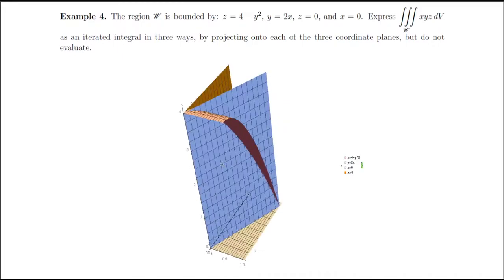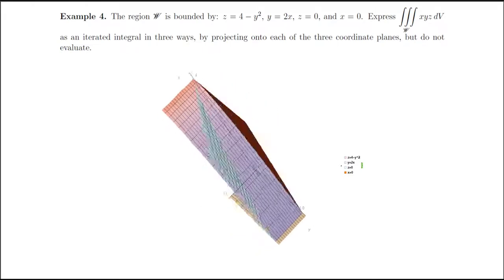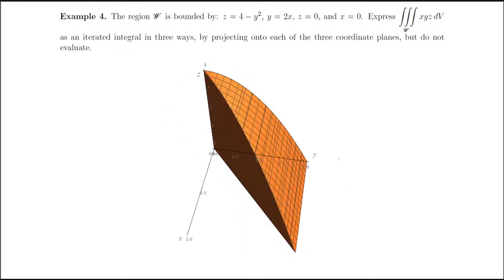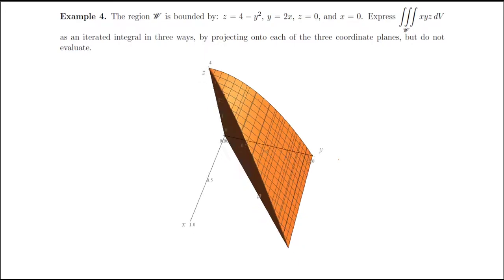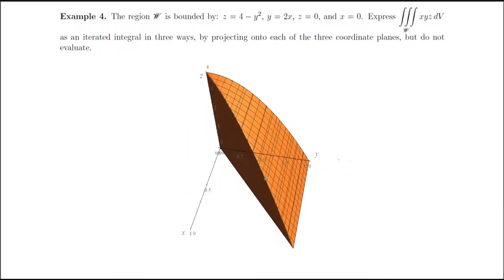That's exactly the region that we have, and let's go ahead and figure out what that looks like as a solid. Well, here's that solid region. We can take a look at that if we rotate it, and we can see it side by side with the other region.